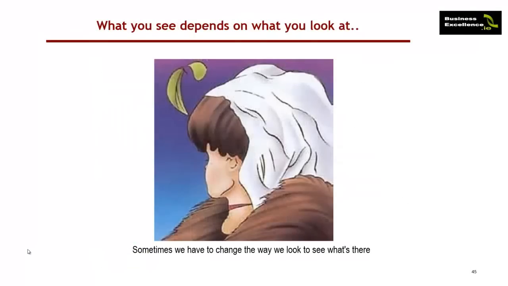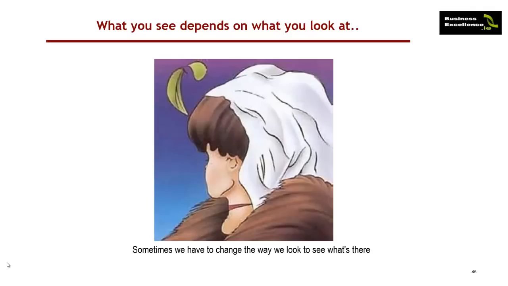It's important to point out at this stage that what we see in life depends very much on what we look at. And as we described previously, we tend to become very much conditioned to see certain things. We see certain things that are there, and sometimes we see things that aren't there. In the picture, and I'm sure you've seen it before, it depicts two women, a young woman and an old woman.